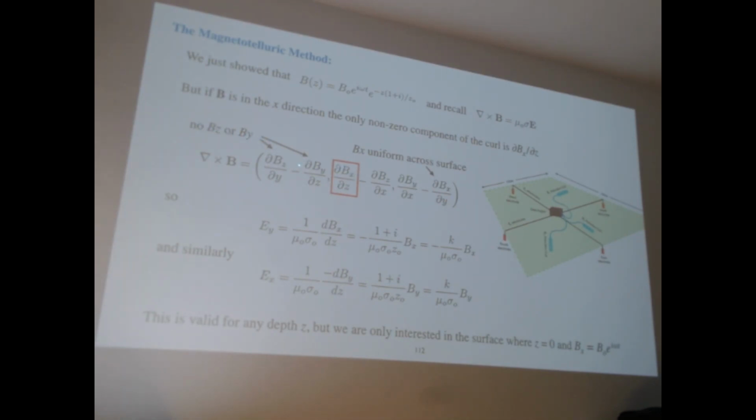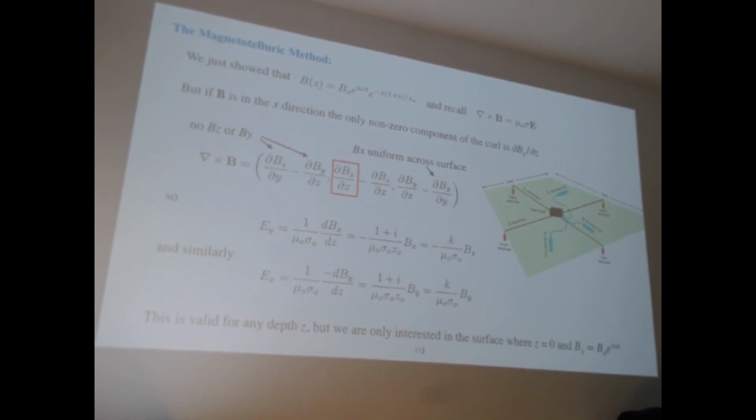I'm only looking at the Bx component, so these two go to 0, and these two go to 0. And if I'm saying that B is uniform, the y derivative of B is also 0. So this is the only term here.